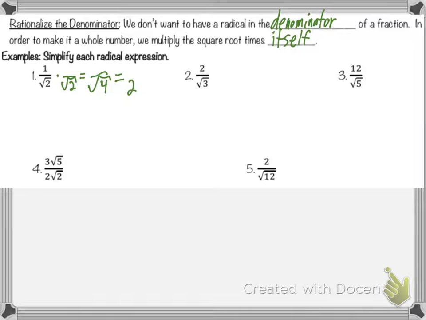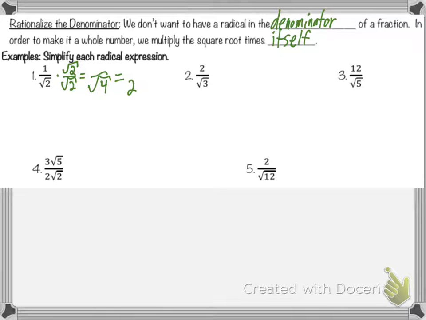But the thing is, we also have to adjust the top, because if we just multiply the bottom, then we end up changing the value of the actual number. So what we have to do is multiply the original by square root of 2 over the square root of 2.